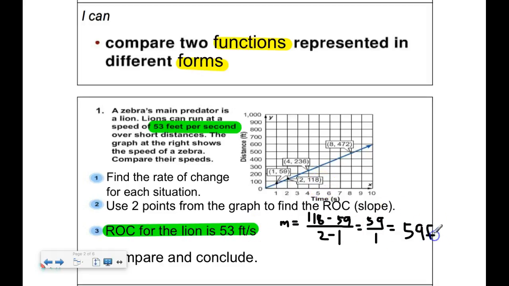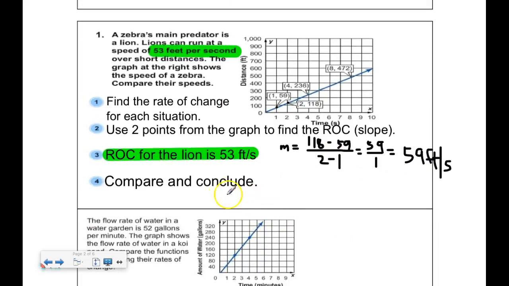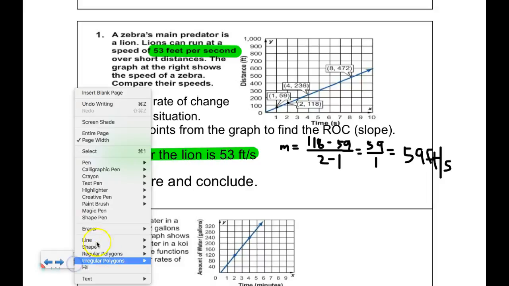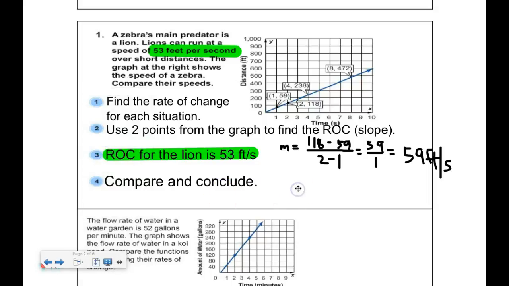So compare and conclude. What does it say? Compare their speeds. Well, the lion's speed is 53 feet per second, and the zebra's speed is 59 feet per second. So compare and conclude, I'm going to write a sentence here that's going to include all of that information. I could put it into one sentence.